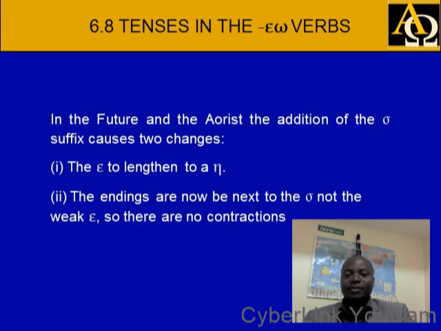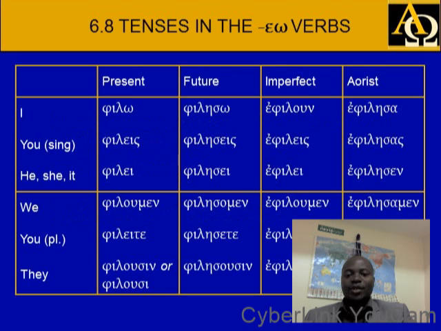The epsilon is lengthened to an eta, and the endings are now next to the sigma, not the weak epsilon, so there are no contractions. So here is the chart for the epsilon omega verbs: phileo, phileis, philei, phileomen, phileite, phileousin; phileso, phileseis, philesei, philesomen, philesete, philesousin; ephileon, ephileis, ephilei, ephileomen, ephileite, ephileon; and then ephilesa, ephilesas, ephilesen, ephilesamen, ephilesate, ephilesan. So those are the tenses that we have in the Greek language.